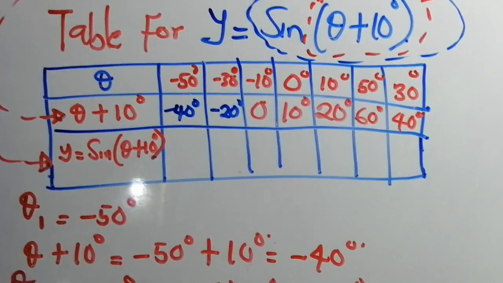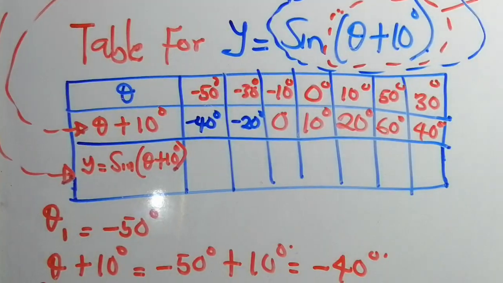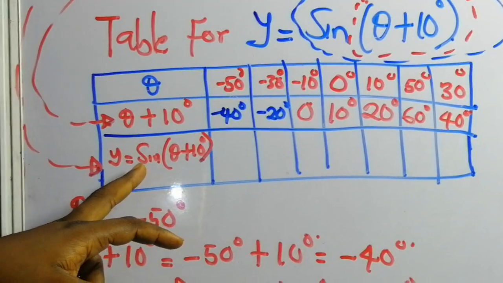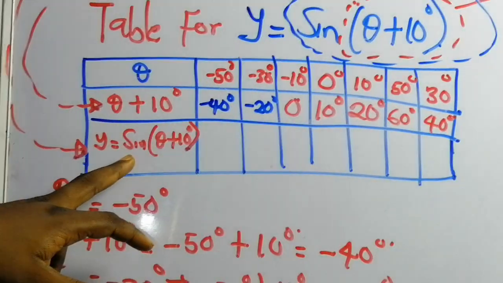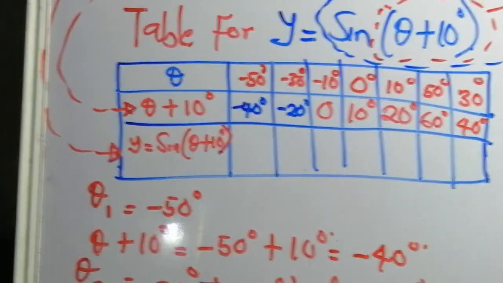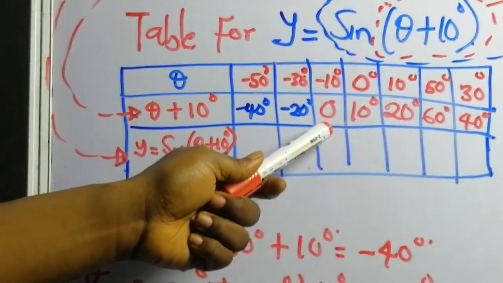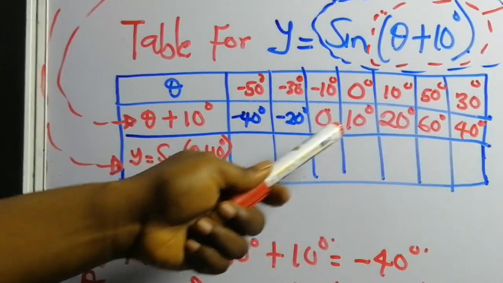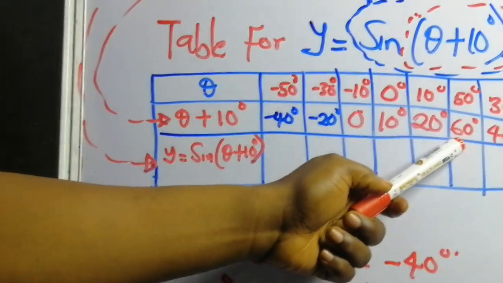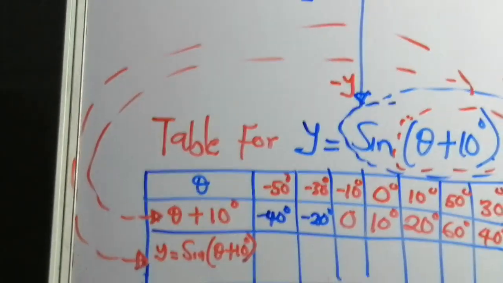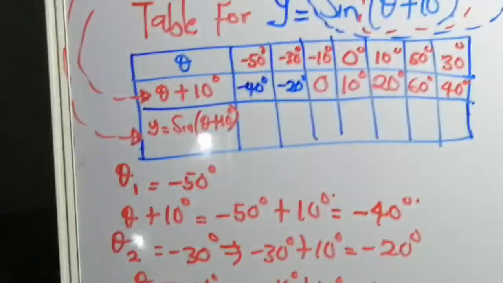Since you've gotten your values, what do you do next? The next thing is to find the sine of minus 40, sine of minus 20, sine of 0, sine of 10, sine of 60, sine of 40. That is where you will need your calculator greatly.